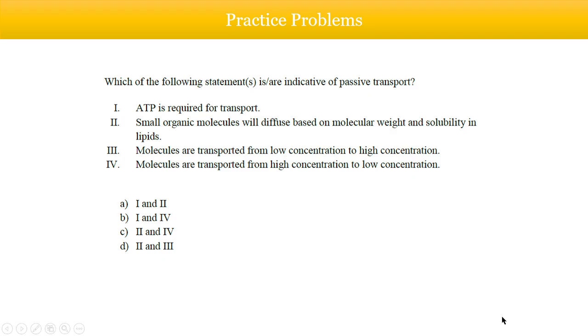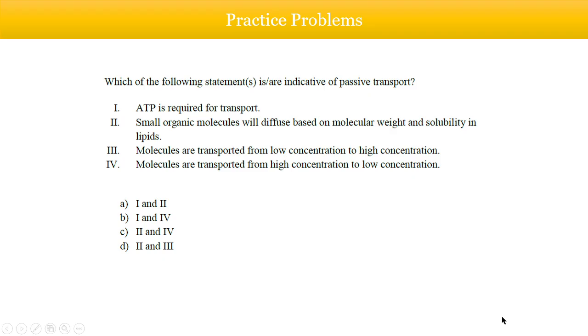The second sentence says small organic molecules will diffuse based on molecular weight and solubility in lipids. That is absolutely correct, because it allows the diffusion of small lipid molecules across the cell membrane down the concentration gradient, and their ability to cross the membrane is mostly influenced by their molecular weight, solubility, and things like that.